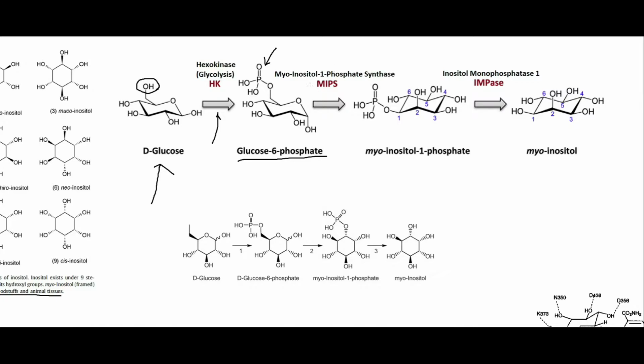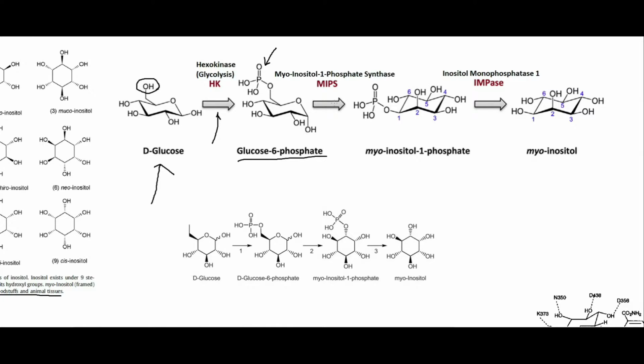And from there, we have this myo-inositol 1-phosphate synthase, or MIPS for short. And that is essentially just moving this phosphate from the 6th position onto the 1st position here. Well, that's one of the things that's happening.